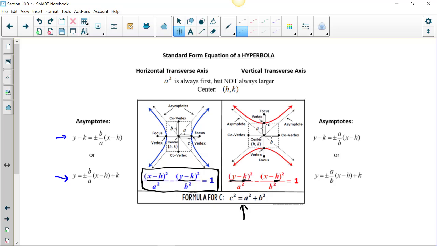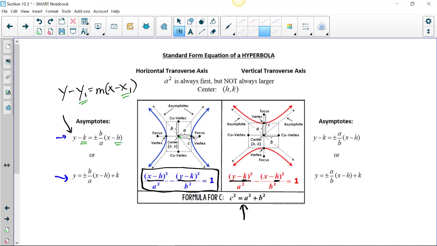Notice that basically this standard form equation for the asymptote comes from the point-slope form: y minus y sub 1 equals m times x minus x sub 1. It's saying you can write the equation of a line if you know a point on the line, which we do. The only point on the asymptote that we know is the center point.